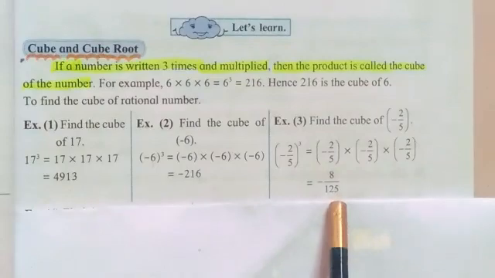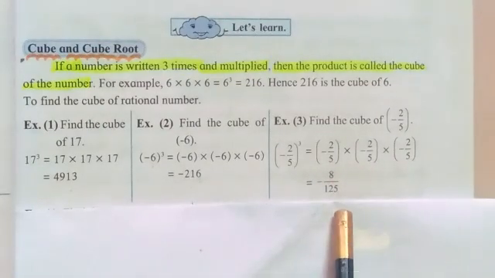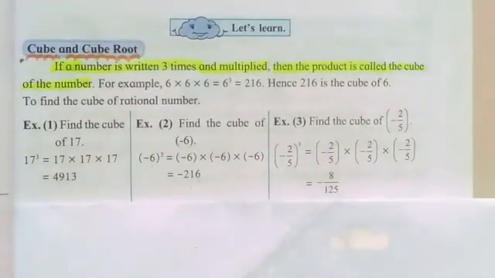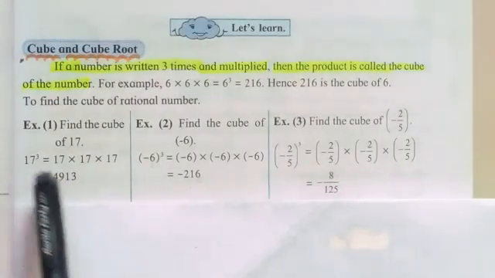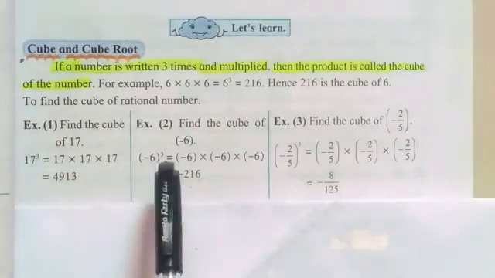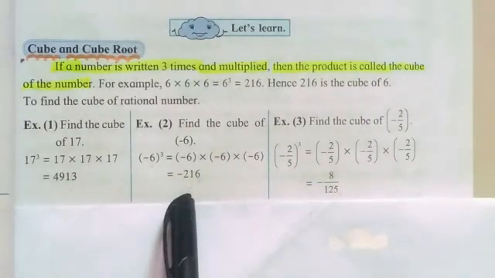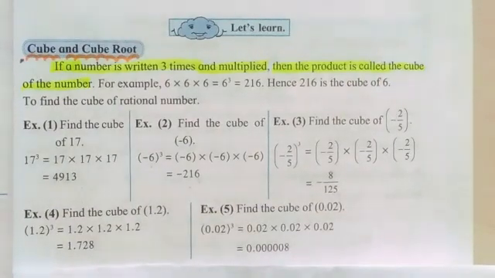So its cube is also negative, that is negative 8 upon 125. So from these sums we get one important point: the cube of a positive number is positive only and the cube of a negative number is negative. In the same way we can also find the cube of decimal numbers.